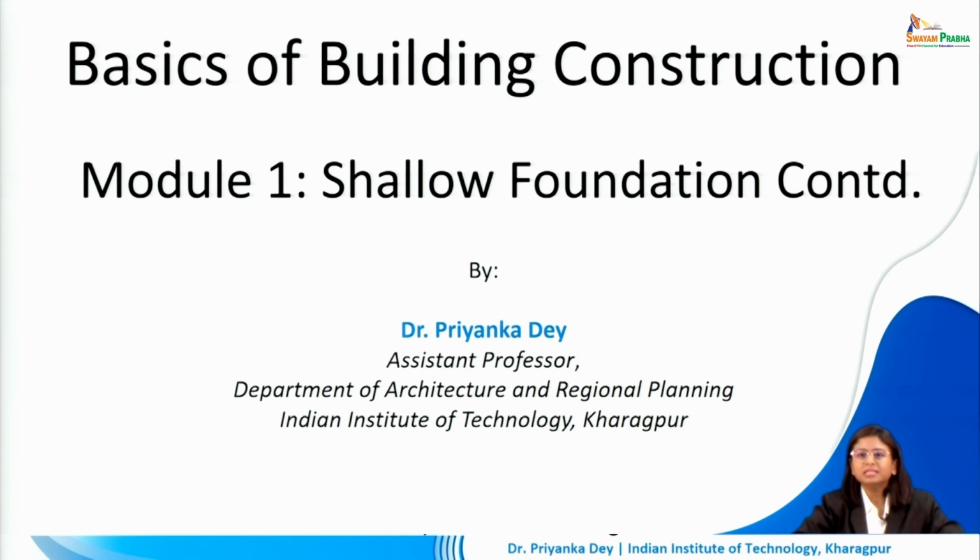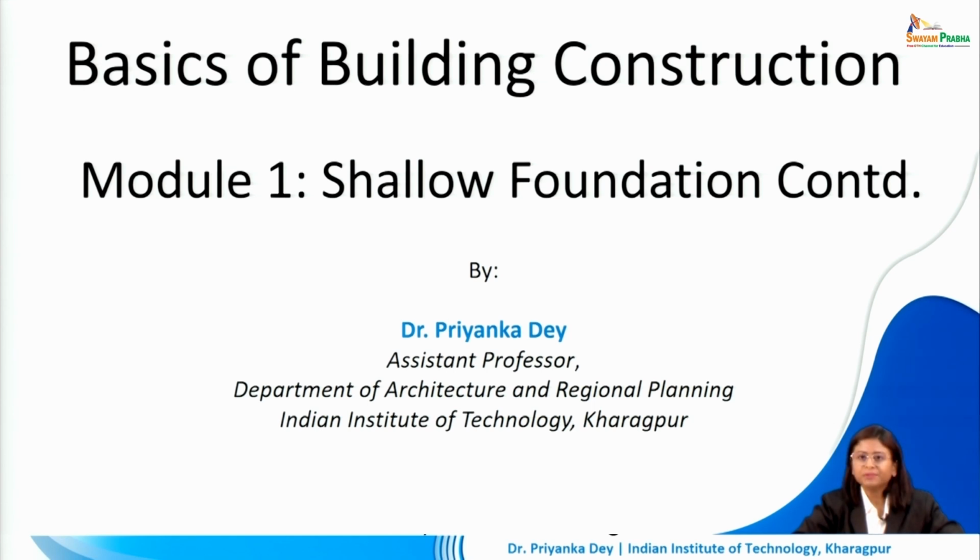So we had studied foundation and its subtypes, that is, it can be shallow and deep. We will be discussing deep foundation separately in a subsequent lecture. In shallow foundation, we had also studied that it can be further categorized into four major types: spread footing, combined footing, strap footing, and mat or raft foundation.